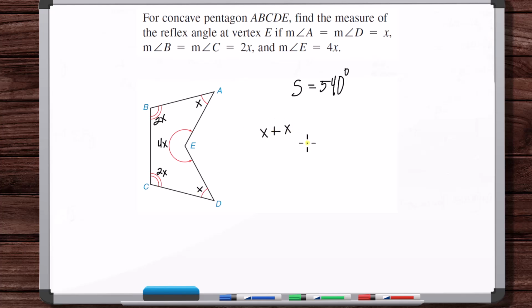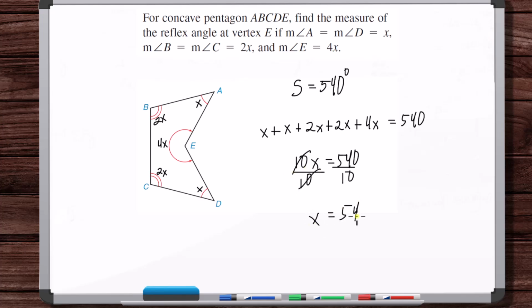x plus x plus 2x plus 2x plus 4x is equal to 540. So let's solve for x, but then what they're asking for is the measure of E, so we'll have to come back and multiply the x by 4. 10x is equal to 540, so x is 54.